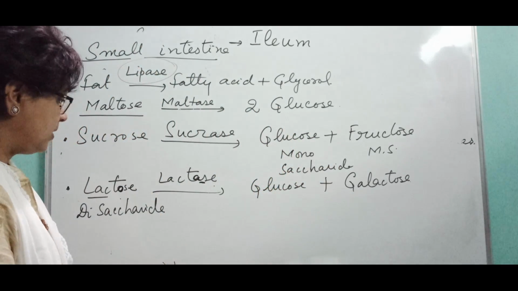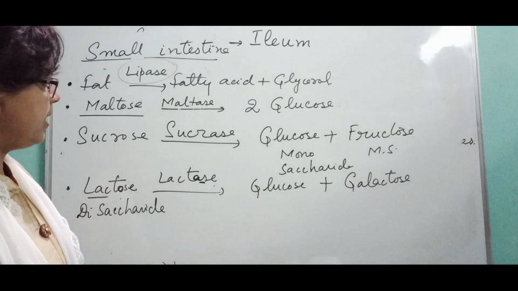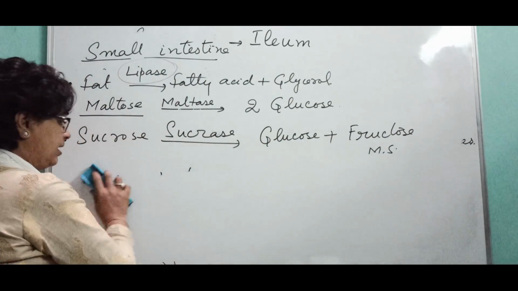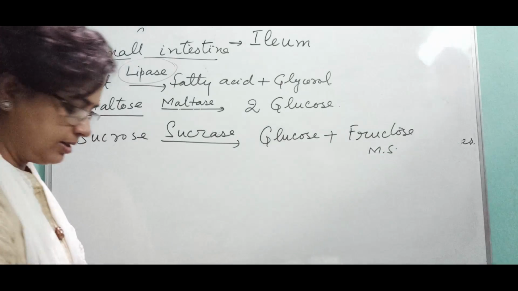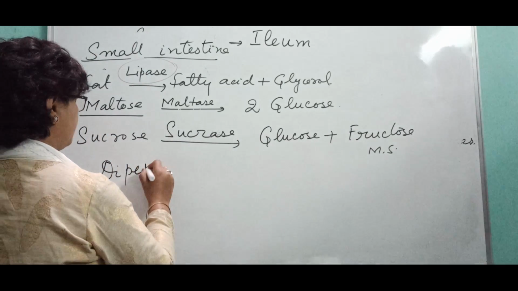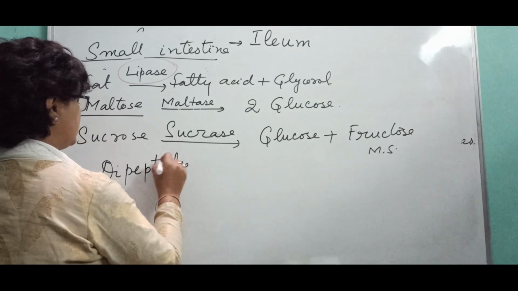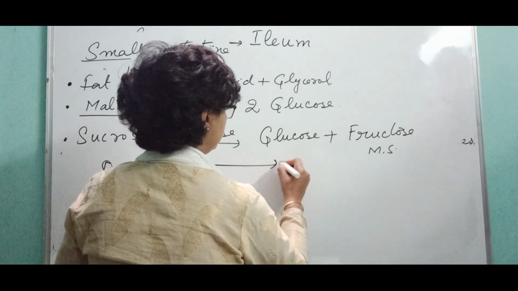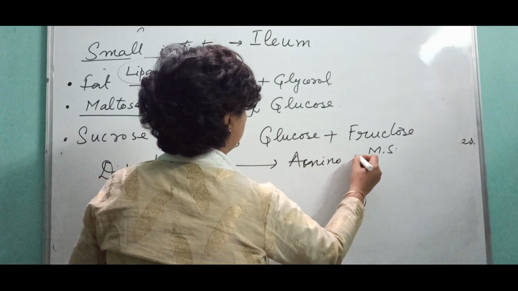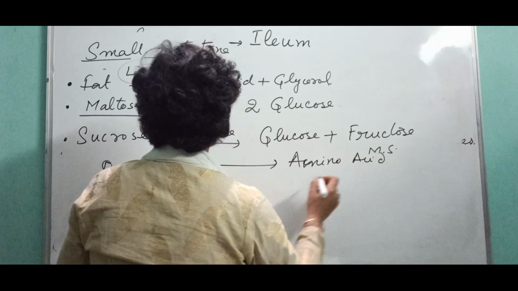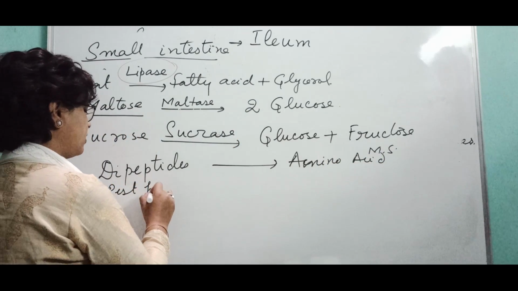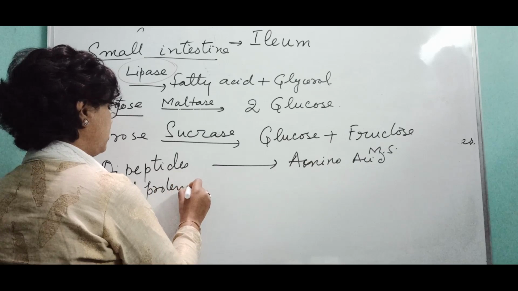And if any protein is left, it is there in the form of dipeptides, and of course maybe polypeptides. These are converted into amino acids. If a little bit of protein is also there, the rest of the protein will also be converted into amino acids.